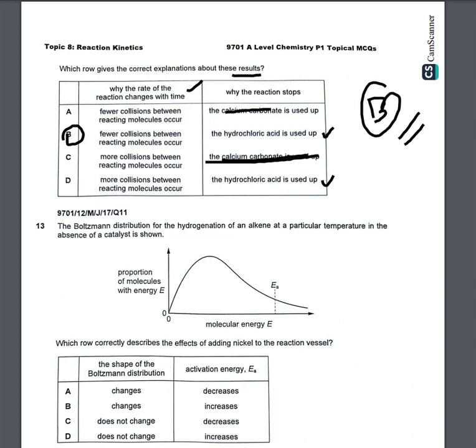Simply that. The Boltzmann distribution for the hydrogenation of an alkene at a particular temperature in the absence of catalyst is shown. So which row correctly describes the effect of adding nickel to the reaction vessel?